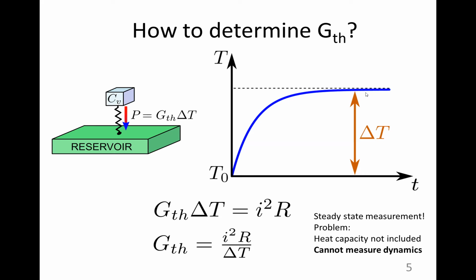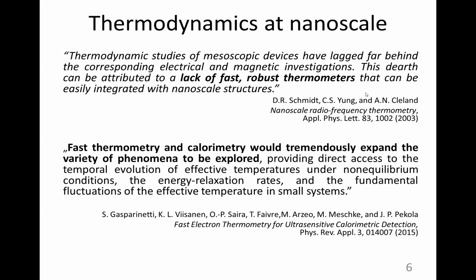So steady state measurements cannot measure dynamics, which is a shame, because as some big figures in the field of nanoscale measurements have said, thermodynamic studies somewhat lag behind electrical and magnetic investigations, and this is mainly due to the fact that there were no actually fast and robust thermometers to this day.